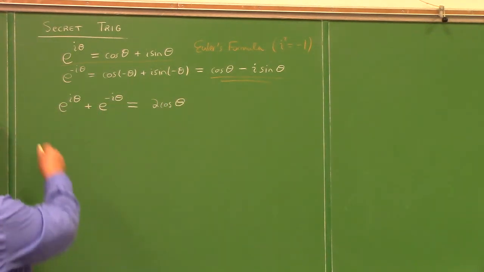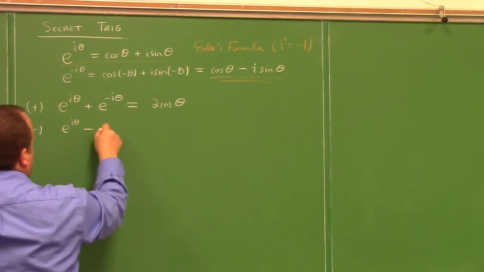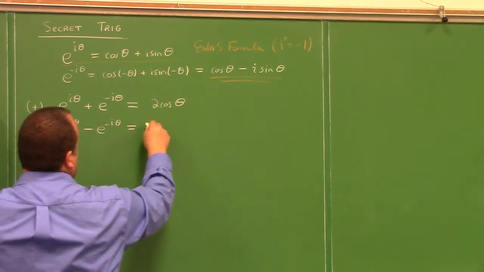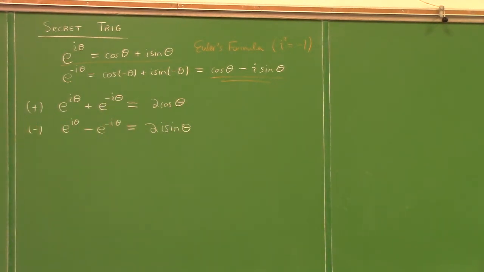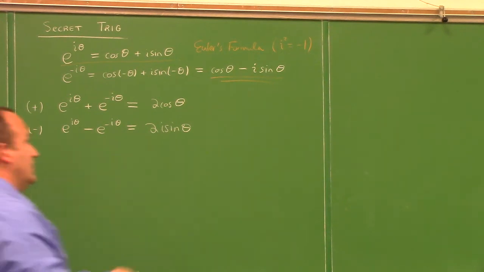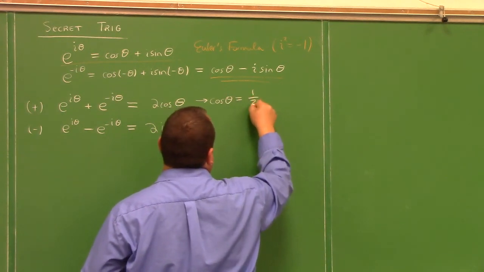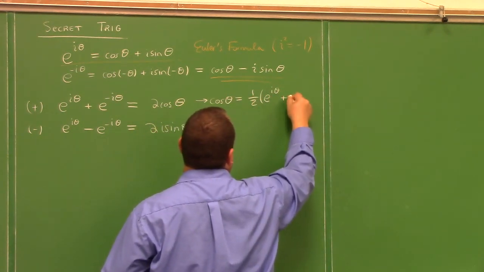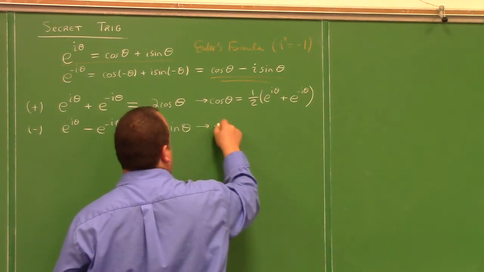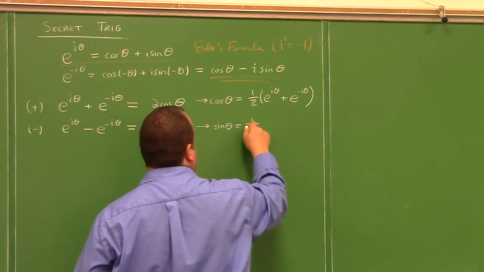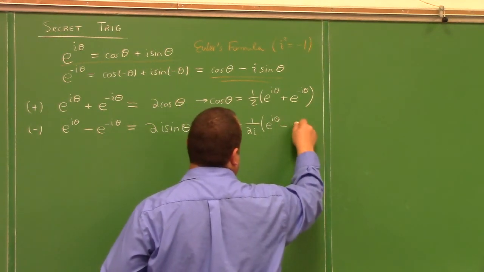If, on the other hand, I subtract them, I get e to the i theta minus e to the minus i theta, which is equal to 2i sine theta. So, therefore, if you know Euler's formula, you can easily derive that cosine theta is 1/2 (e to the i theta plus e to the minus i theta), and sine theta is 1/2i (e to the i theta minus e to the minus i theta).